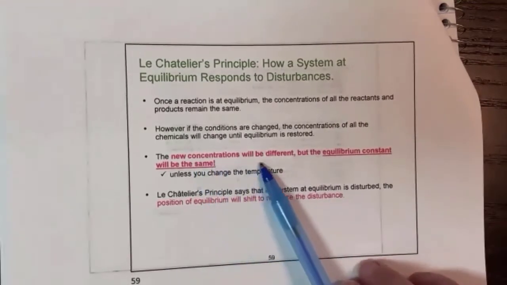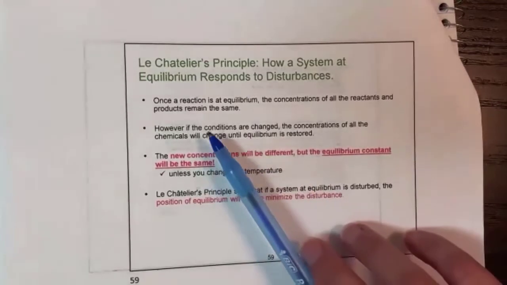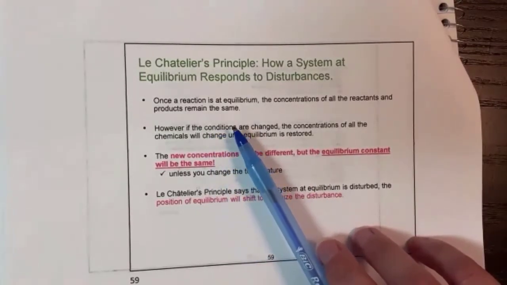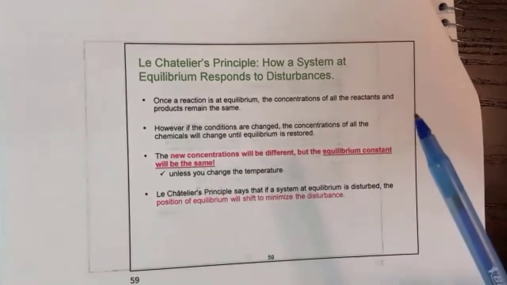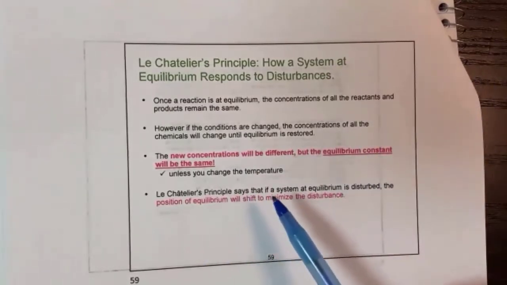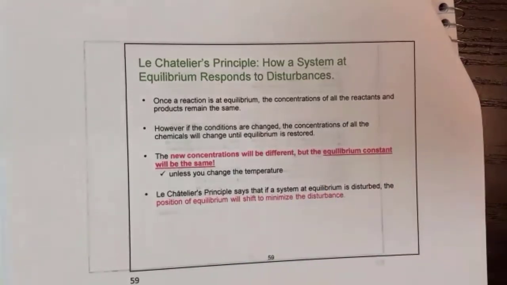The new concentrations: so if you already reach equilibrium and someone tries to change it, the reaction will try to fix this problem. If you increase something, it doesn't like it, and it will try to decrease what you just put in. It will change its concentrations around until it reaches K again.